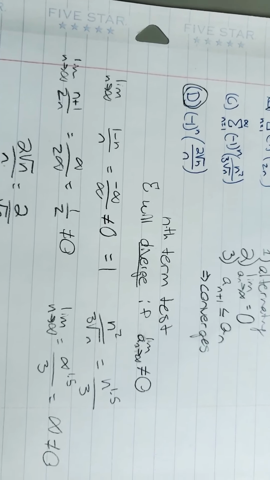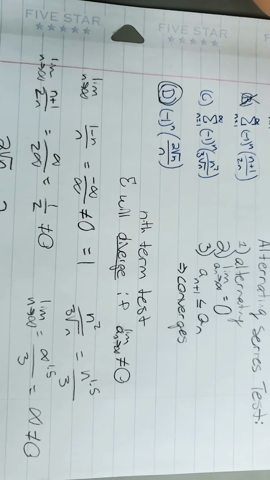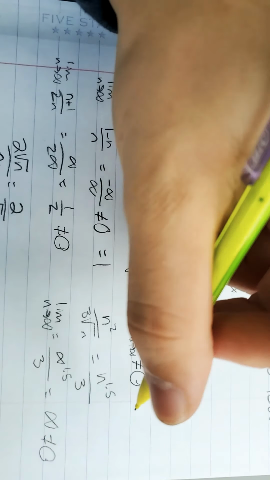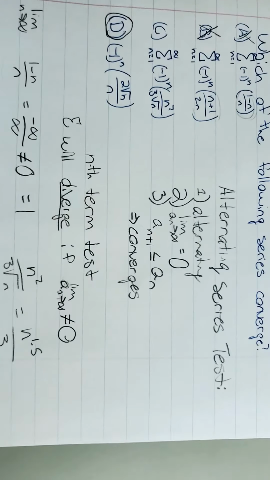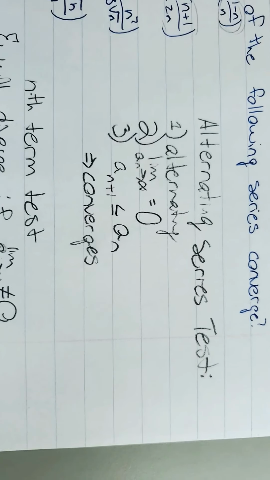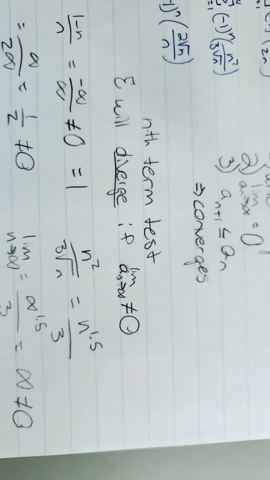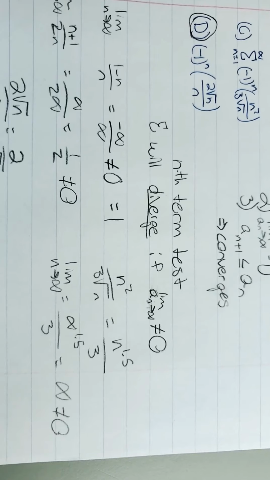Now, for the nth term test, you could get a little confused and say, if the limit goes to 0, that means that it converges. That's not necessarily true. To do that, you need to show all 3 of these things are true in the alternating series test. You can't just assume that the converse or the inverse of this is true.